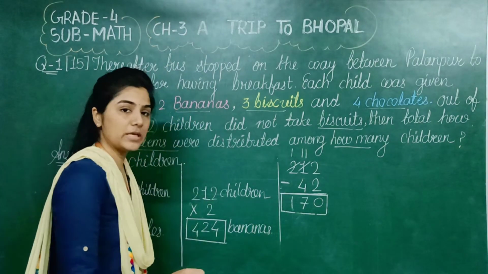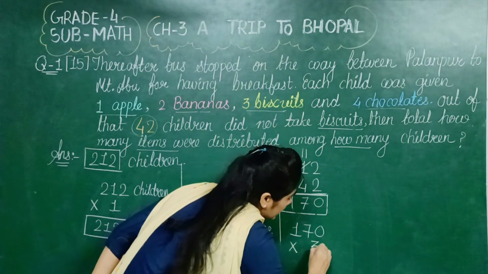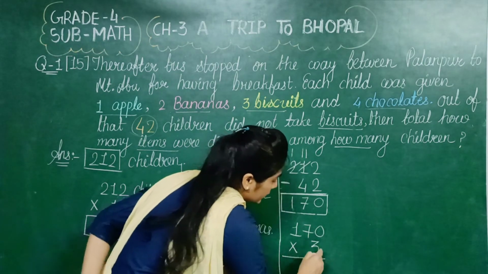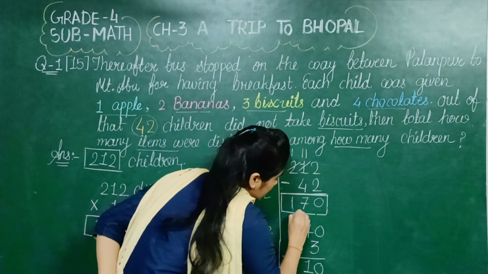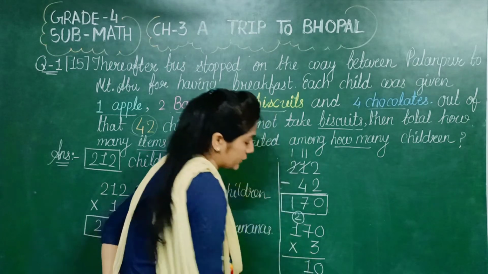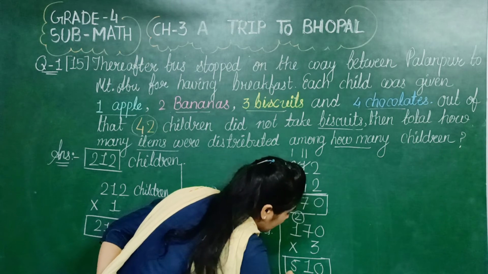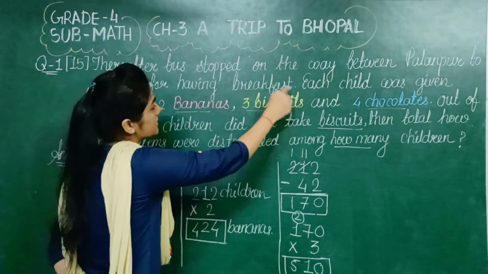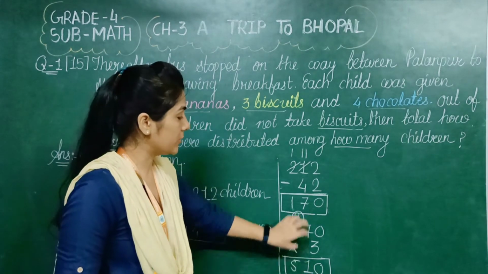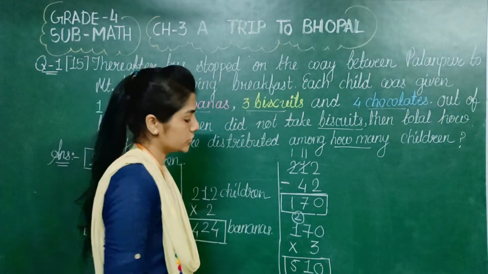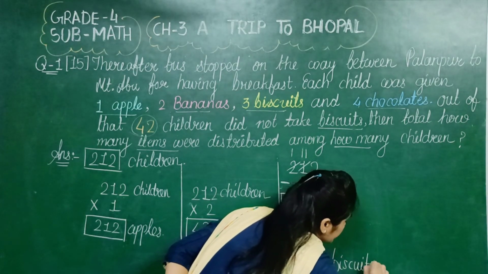For that multiplication will come. 170 multiplied by 3. 0 3s are 0, 7 3s are 21, 1 we keep down, 2 as a carry, 1 3s are 3 and 3 plus 2 is 5. 510 is the number of biscuits. That means 510 biscuits were distributed among these 170 children.